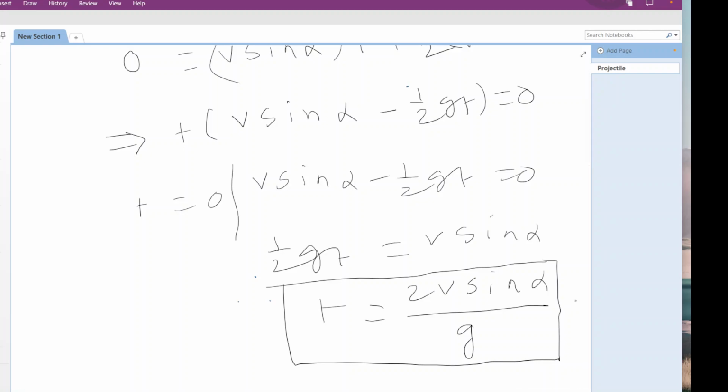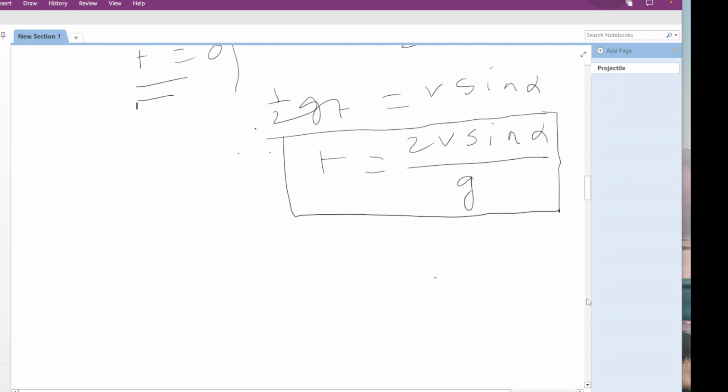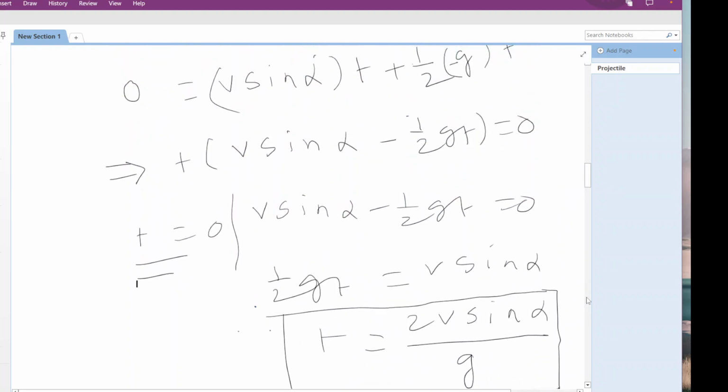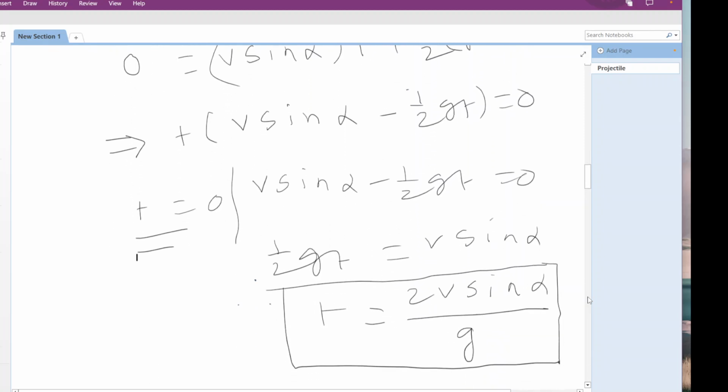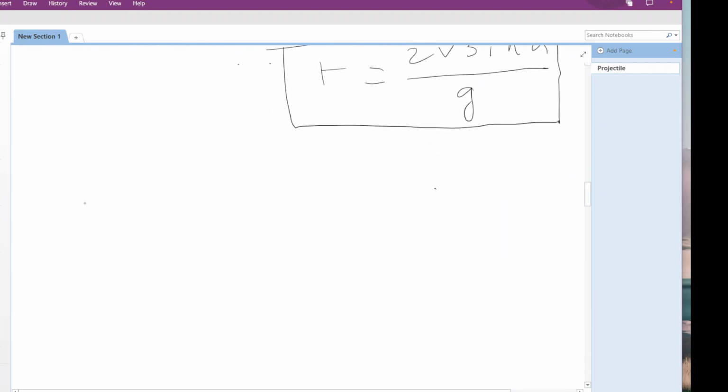Of course, t equals 0 has a meaning: it represents the time when it is thrown. Therefore, the time of flight is found.